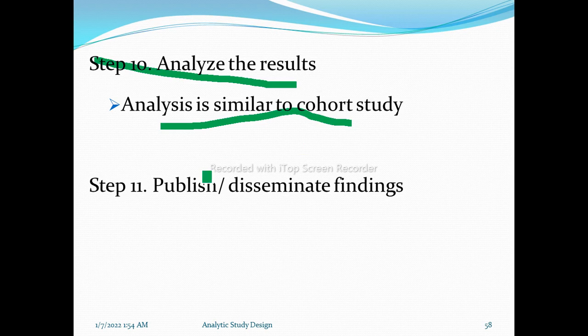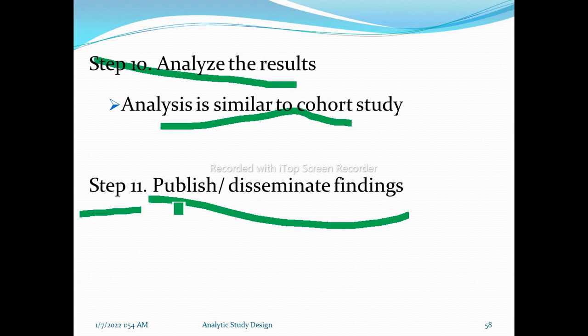And finally, after analysis, you will write your paper or your manuscript, and you will publish and disseminate the findings. So to begin and complete an interventional or experimental study, we will follow these 10 or 11 steps of the interventional study.